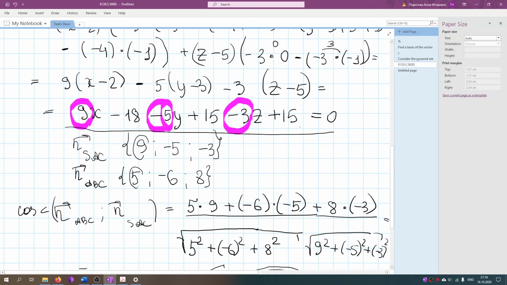We just need to somehow simplify it, and it will look like 9x minus 5y minus 3z plus 12. So it will be the equation of SAC.